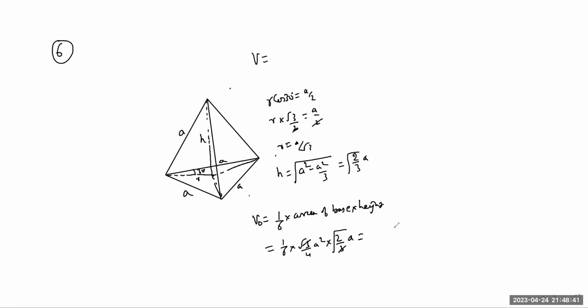So how much? Am I right? So I may be wrong with the volume, but I think this is the answer. I mean, this is the formula which I don't remember.